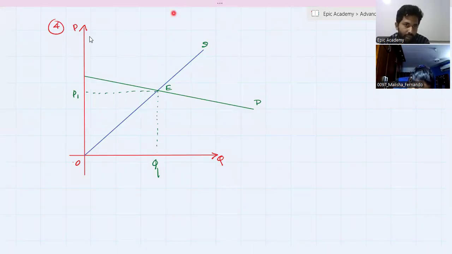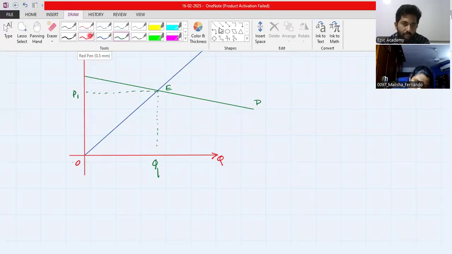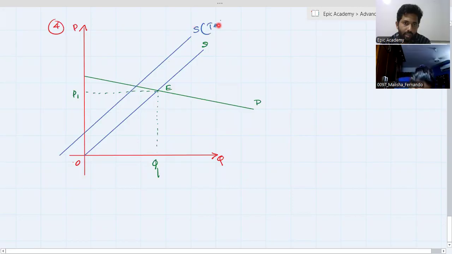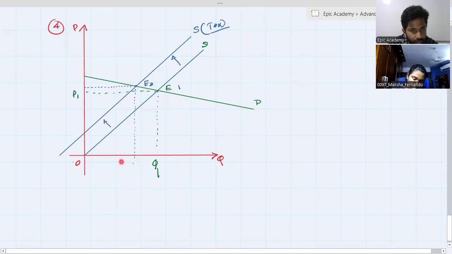But after imposing taxes, the supply curve shifts upward, parallelly. This is the S with the taxes. Now you can identify the new equilibrium price and new equilibrium quantity.